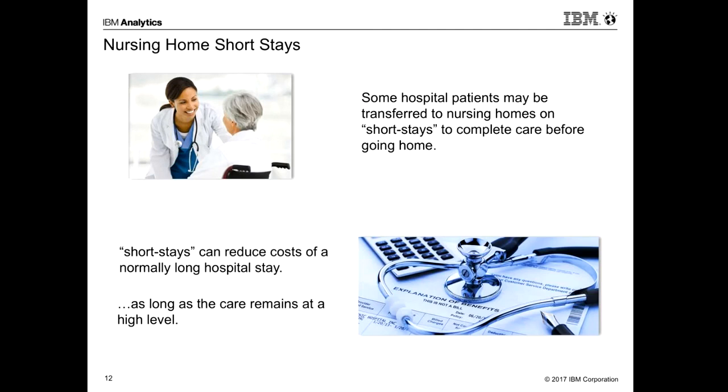And if we see more of those related to particular nursing homes, that's something that maybe the group that I work in, whatever healthcare facility, may want to do some research and find out why. Maybe it's a nursing home that we need to talk to, find out what the circumstances are, or maybe they really just have some problems and maybe we need to exclude them as nursing homes that we work with in the future.